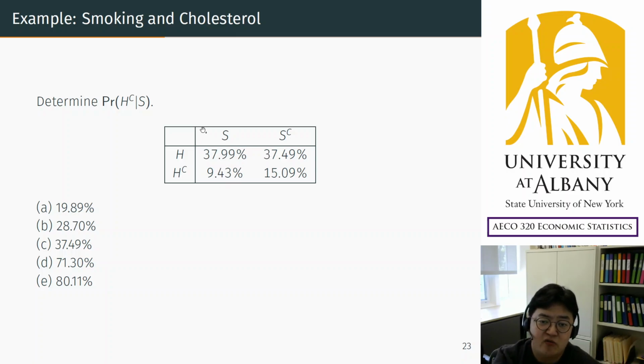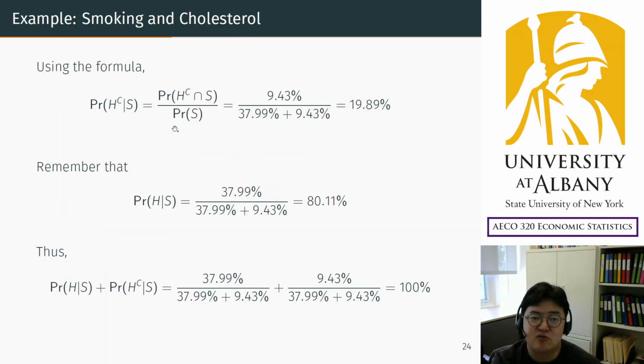We are going to keep these observations and delete this column, and among these two types, we are interested in H complement, 9.43%. So out of this total probability, what is the ratio of 9.43? You calculate it this way. You may use the formula. Anyhow, you are going to get these numbers. Then your answer will be about 19 point something percent.